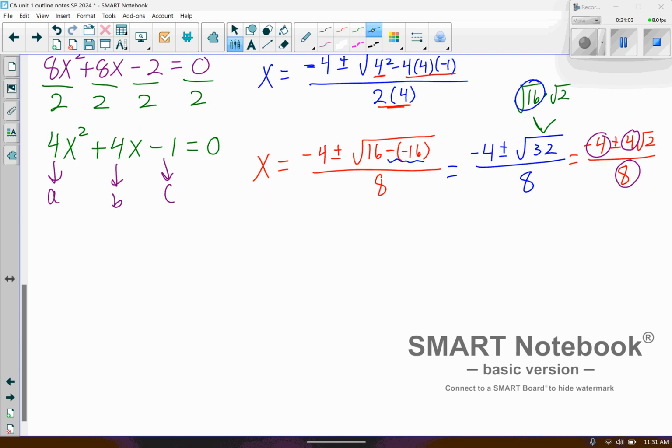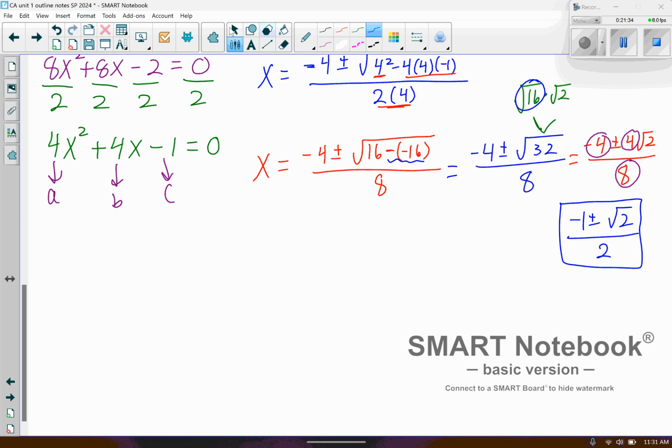So what we want to do here is negative 4 divided by 4 is negative 1. Plus or minus 4 divided by 4 is 1. 1 times the square root of 2 will just give us that square root of 2 right there. And then 8 divided by 4 is 2. Okay, and this is it. Do not try to cancel these 2's. One's got a square root and one does not. So you cannot reduce that.